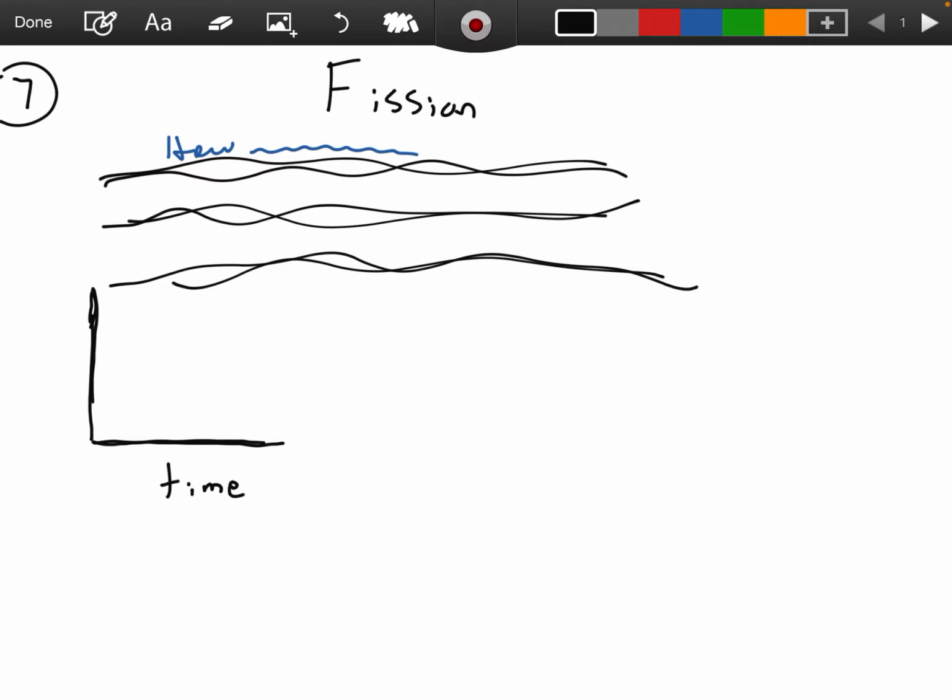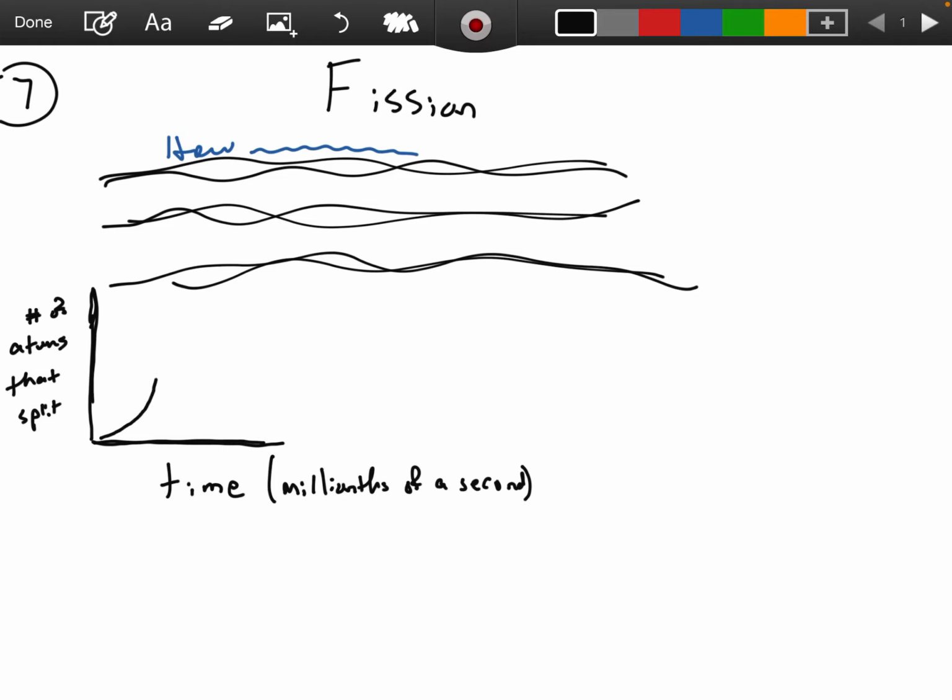If you look at time, and this would be in probably millionths of a second. I think I spelled that right. You might want to check me on that. And if you look over here on the y-axis, the number of atoms that are split, you want your graph to look like this.